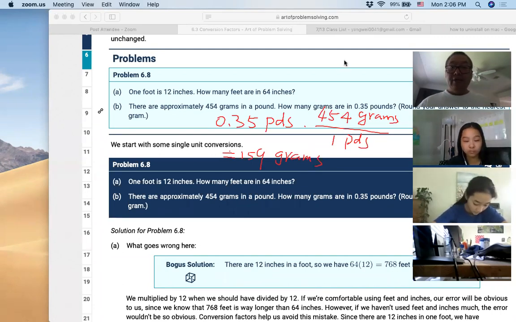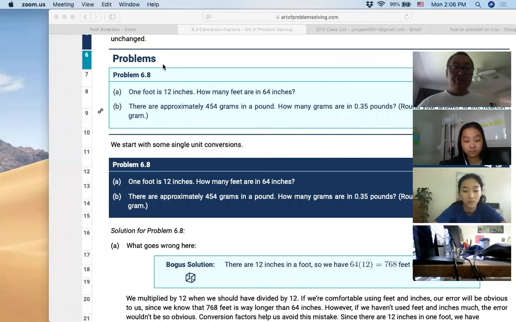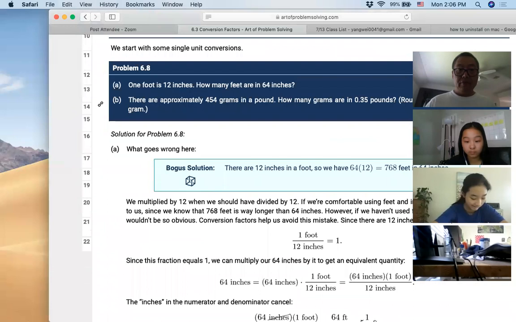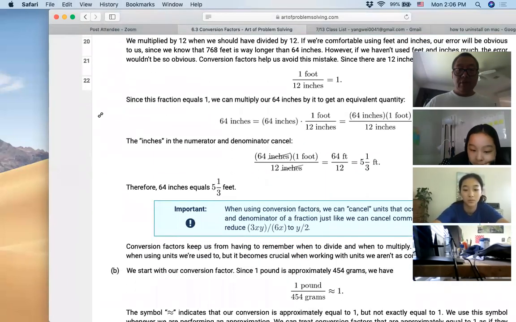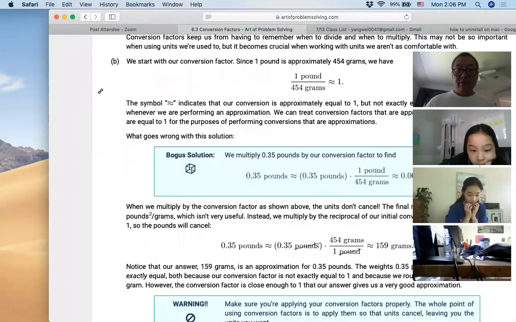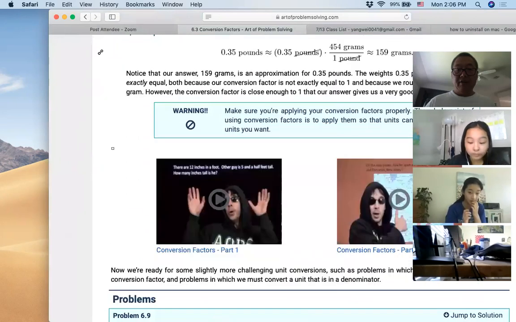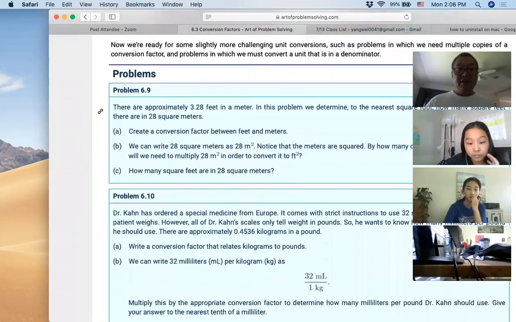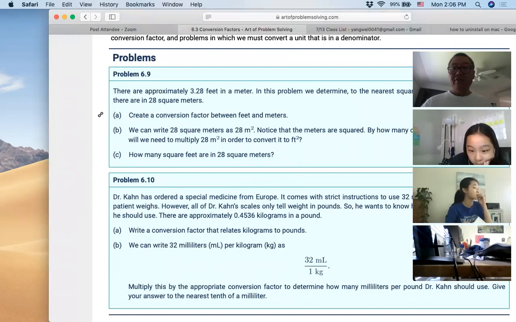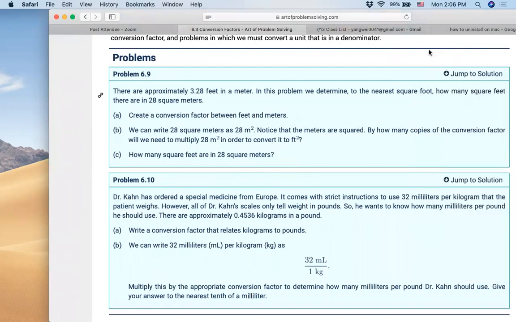Okay, now let's go to the next one. So this is 159. Now let's see 6.9. Say there are approximately 3.28 feet in a meter.